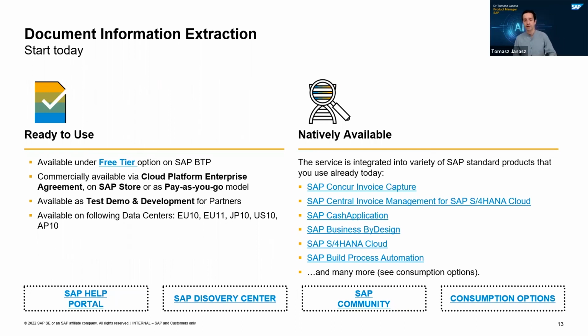We provide this capability also as part of SAP S/4HANA Cloud for the sales order automation scenario. And finally, last but not least, all the capabilities that we have seen, be it the pre-trained global models, the schema creation, template creation and management, business OCR capability, is all part of SAP Build Process Automation.